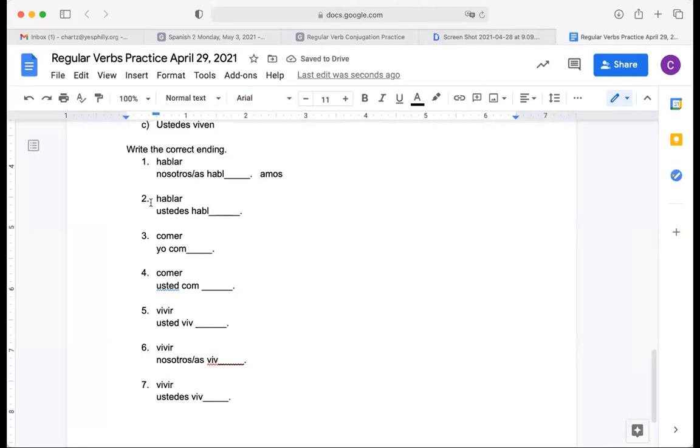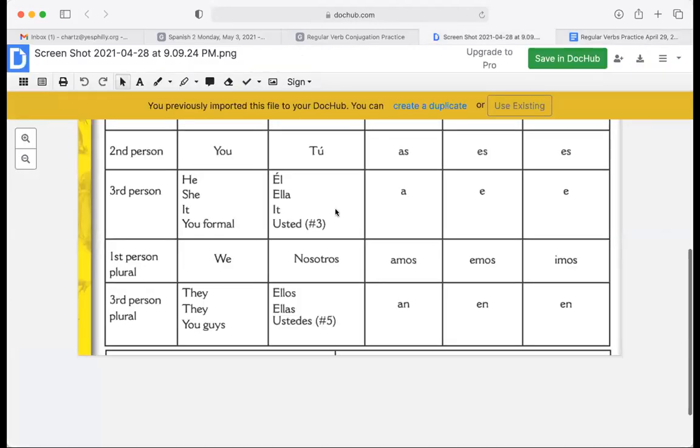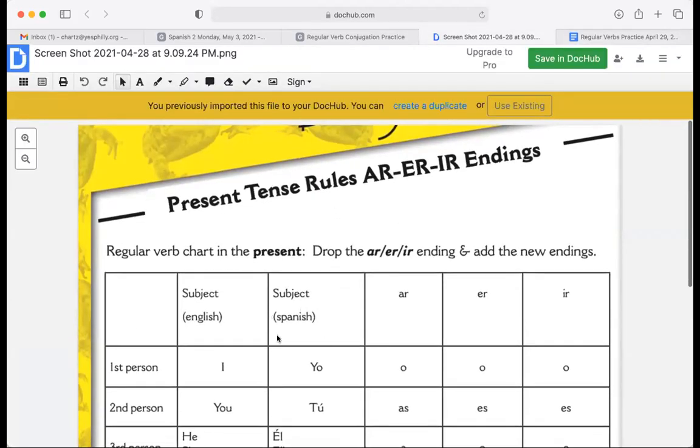So the second one is also hablar. And it's asking for the ustedes form, the you guys form. And it already has a stem here for you. Anybody want to take a guess on what the ending for that one would be? Any endings? Okay, well, let's go over here to our subjects, right?